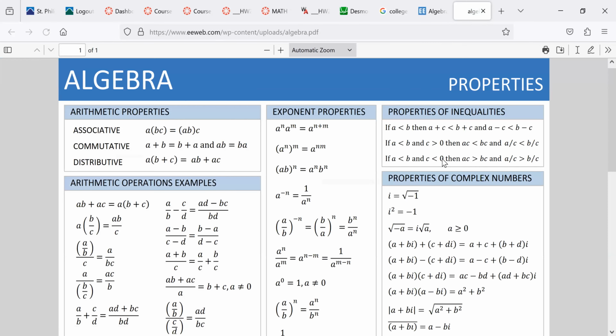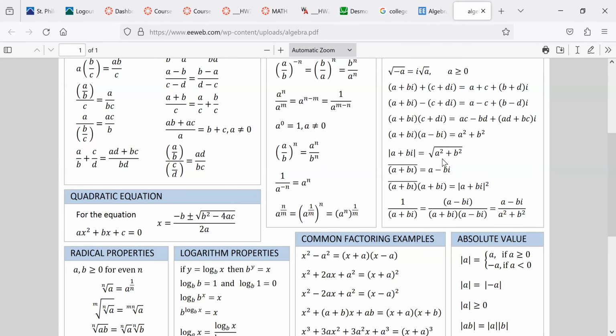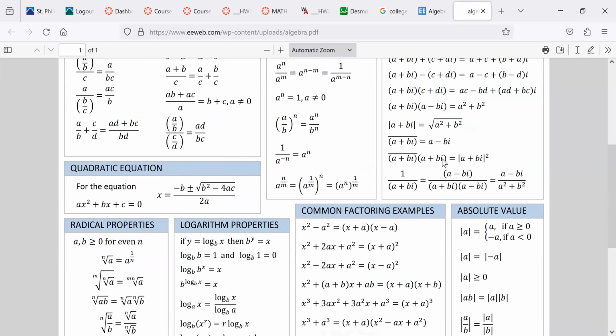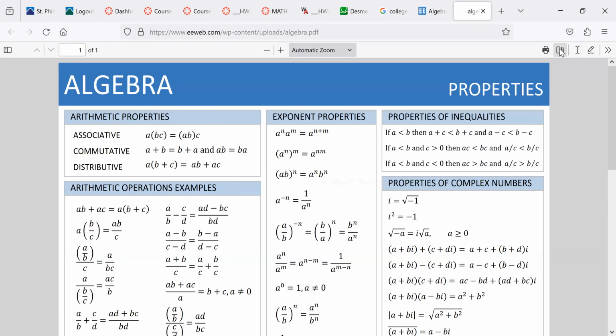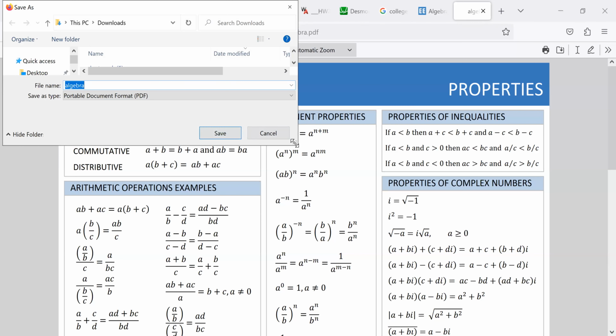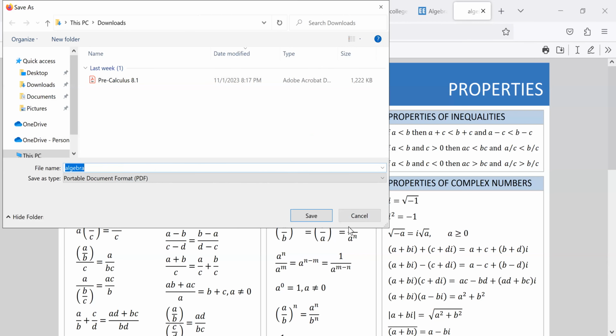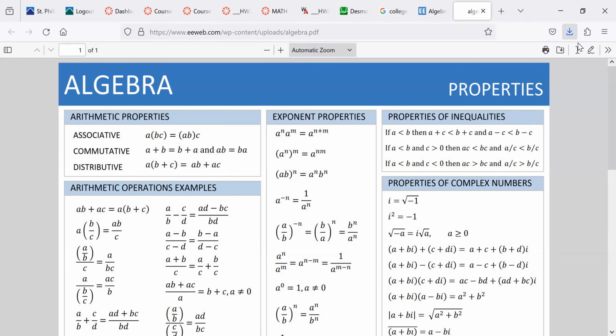See if it lets me download it. All right, let me throw it in the chat so you can download it.